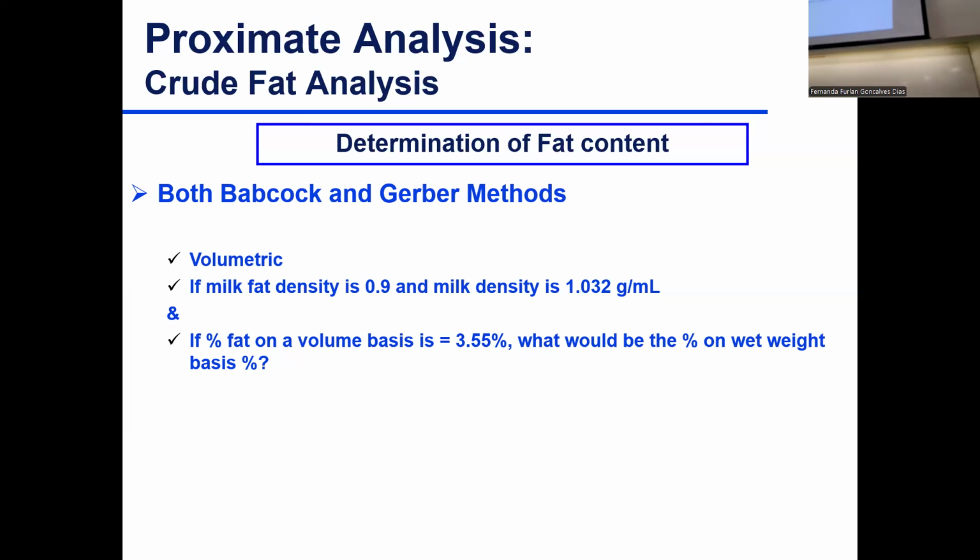Does anyone have an answer? Still working on it.